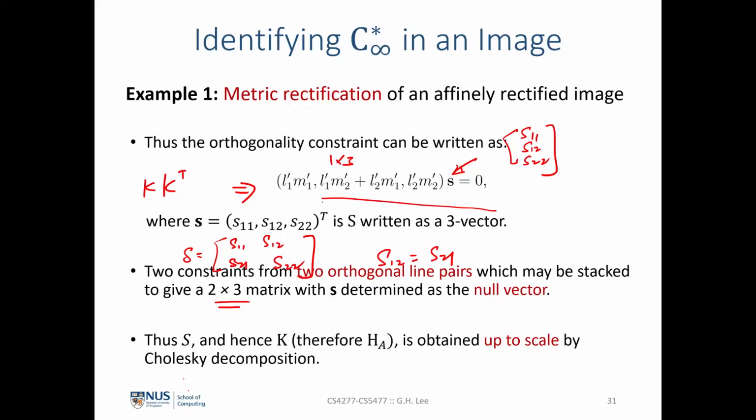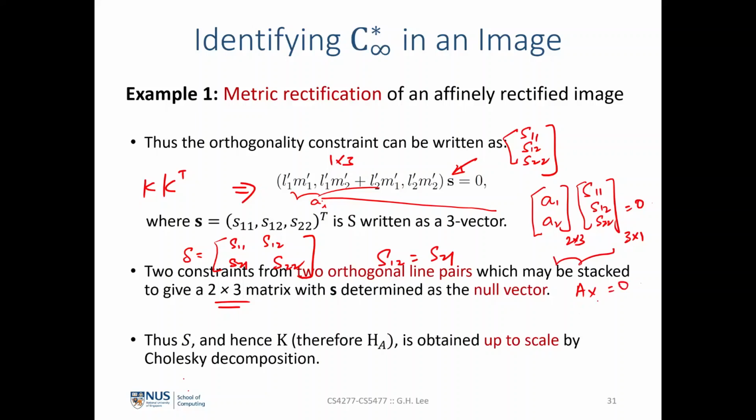Let's call this guy here A1, or Ai. So I can have 2 equations here, A1 and A2, and I can stack them together such that S11, S12, and S22 here equals 0. This would become a 2 by 3 matrix, and this would become a 3 by 1 vector over here. Hence, this will be our familiar equation, the homogeneous linear equation of AX equals 0 in linear algebra.